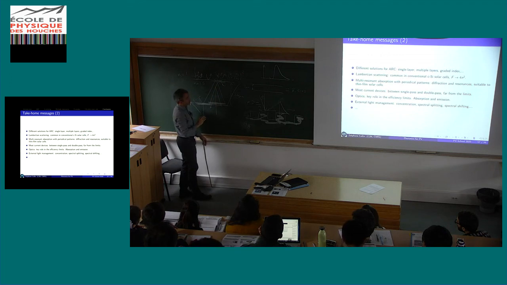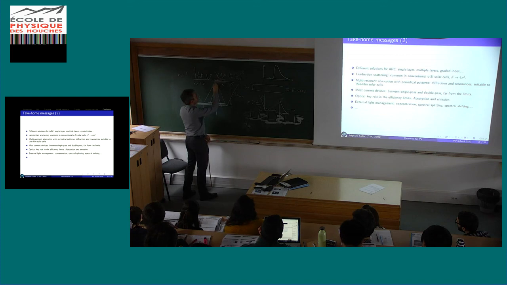Okay? So you have to tune the period to have diffracted waves in the high index region, medium, and not in the air. And it's much easier to do that at the backside because you only deal with photons that are not absorbed on a double pass absorption.